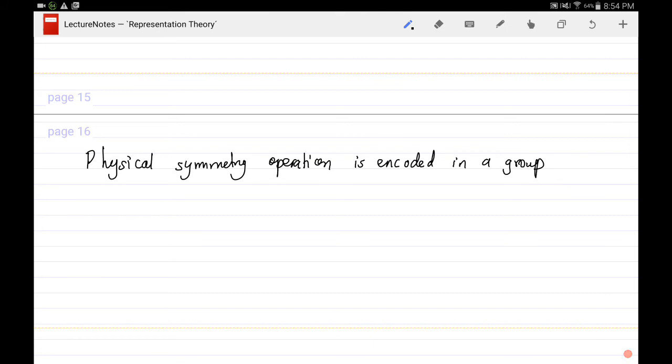Here the group would be a symmetry group acting on two things, which is S2. It's an abelian group. And somehow this symmetry operation I encoded in this group meant that the vector space, which has our vectors corresponding to our solutions, did not change. The equations of motion did not change.